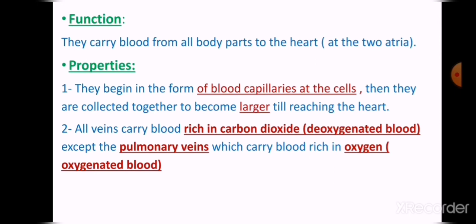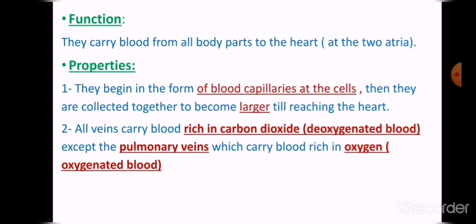So the cell is very, very small. They begin smaller, then they collect together to become larger till reaching the heart.